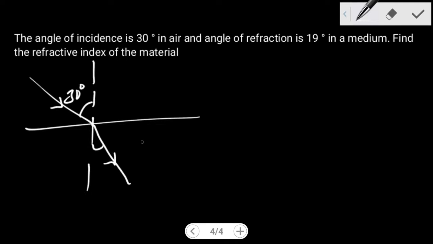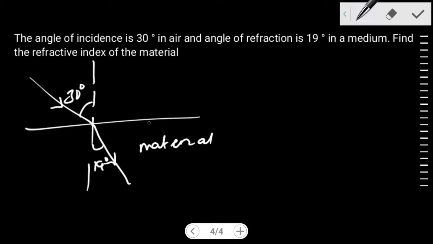So I have 19 degrees here, and I am to calculate. This is the material medium, and this is air, which has a refractive index of 1. Now this one is lacking a refractive index, so we don't know this.